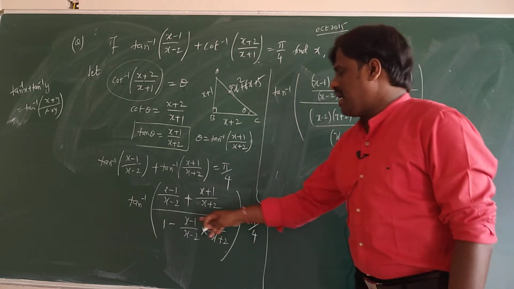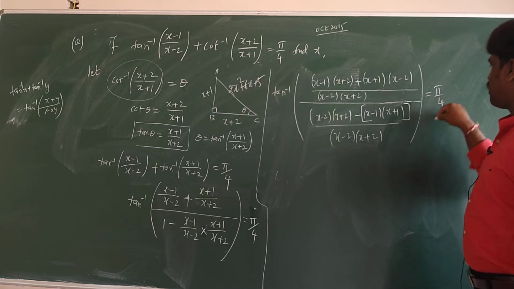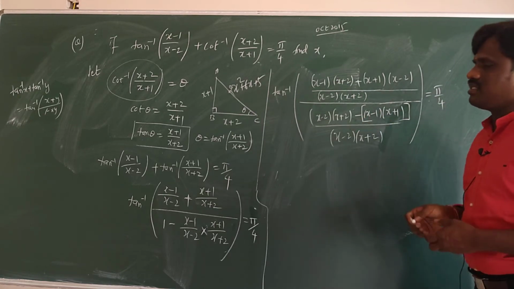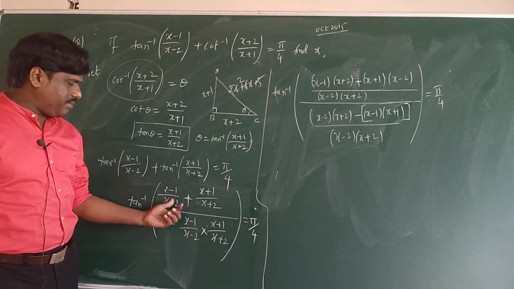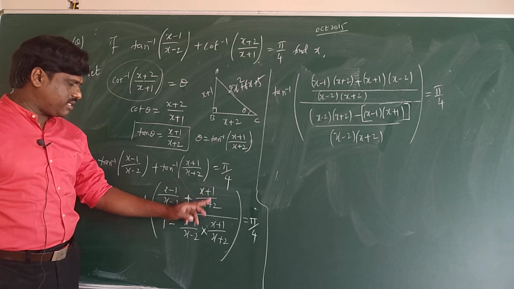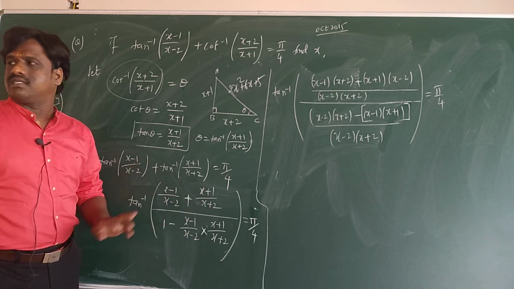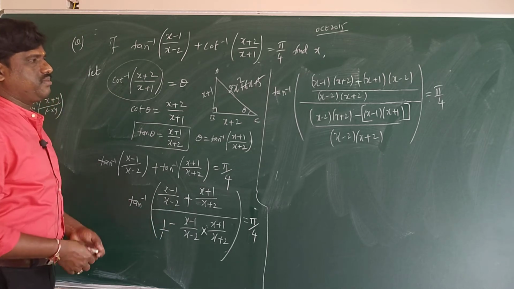They have to keep the bracket whole. Then only you are going to get the correct answer. Otherwise the mistake happens everywhere. So I applied the LCM, nothing else. If you don't know LCM, you do one thing, cross multiplication. That's it. This is 1 by 1, cross multiplication.